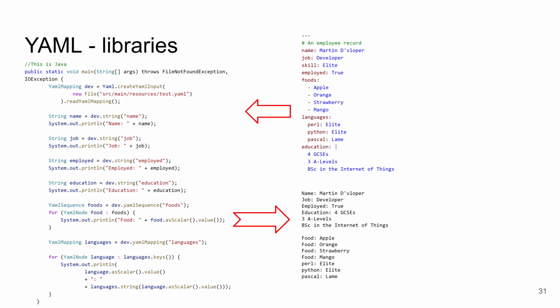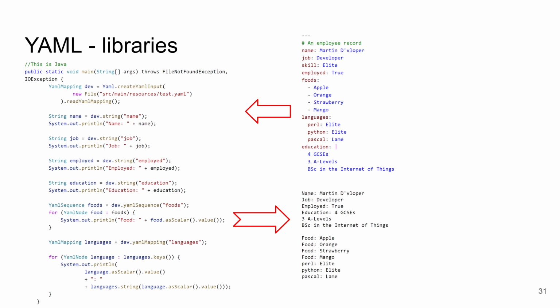So we have our developer or employee record as our sample file, and we will load this file in Java using a Java YAML library, and then we will print those values on the console. So first, again, we will load the YAML file and represent its contents as an object model as a YAML mapping object.